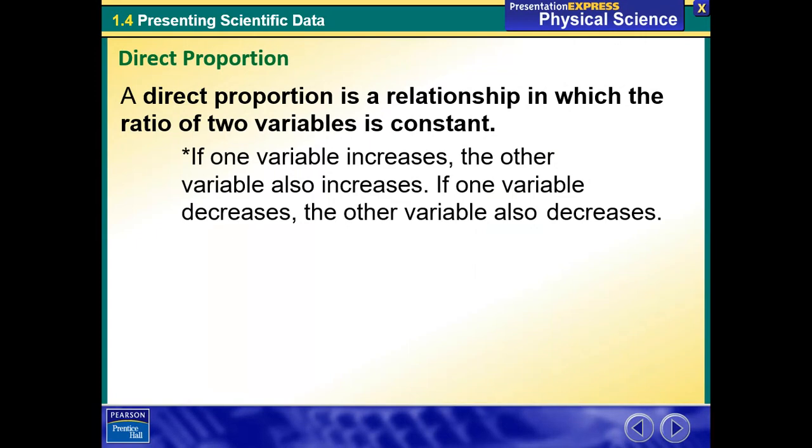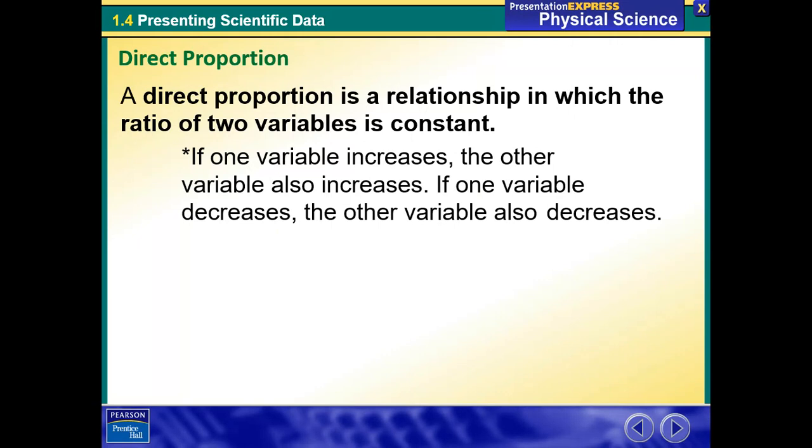So I always tell people to think of direct proportion as if one variable increases, the other variable also will increase. If one variable decreases, the other variable decreases. So they tend to go the same direction. A couple examples of a direct proportion is the one that we had in previous slides.